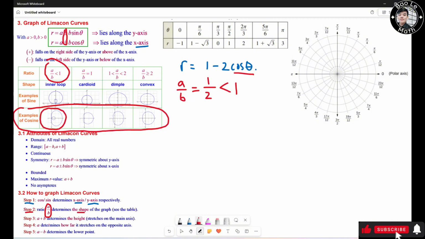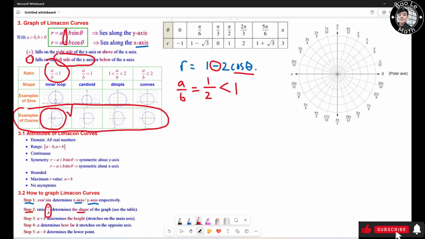Now, because you have the subtraction sign right here, this subtraction sign tells us that the graph falls on the left side of the y-axis. Keep that in mind. It's going to be opposite to this one right here.